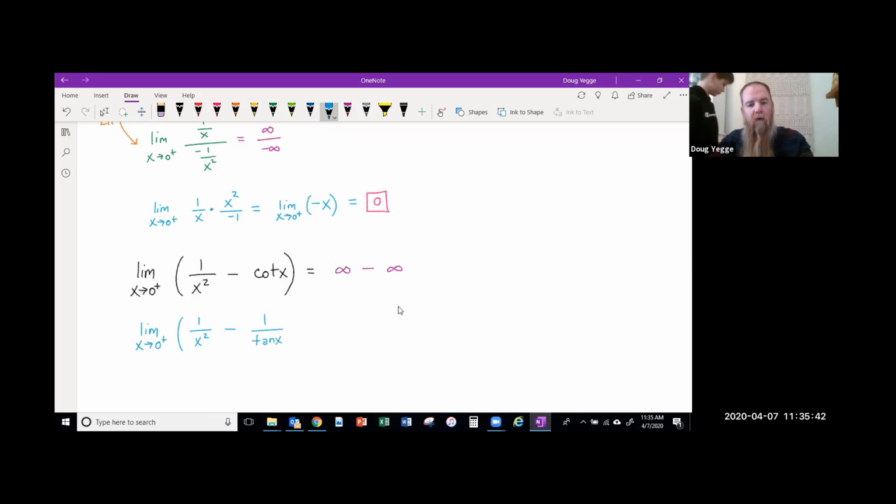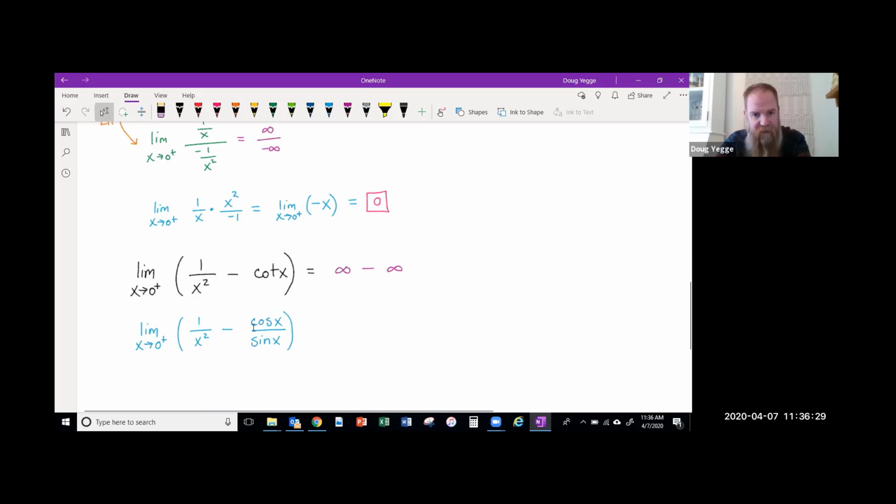Right? Or maybe you chose to rewrite it differently. We kind of have an option about how we want to handle this. If we want to get a common denominator of x squared over here by just multiplying top and bottom by x squared, we could do that. If we choose to turn cotangent x into 1 over tangent x, we could do that.